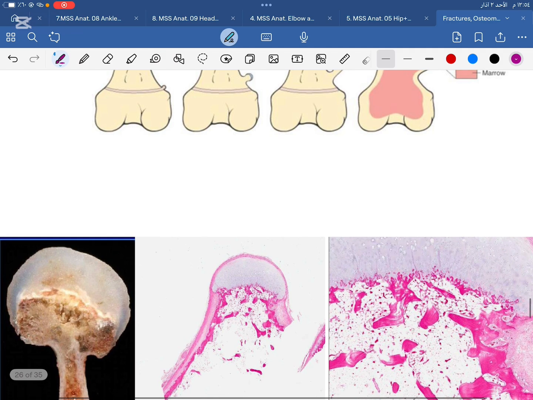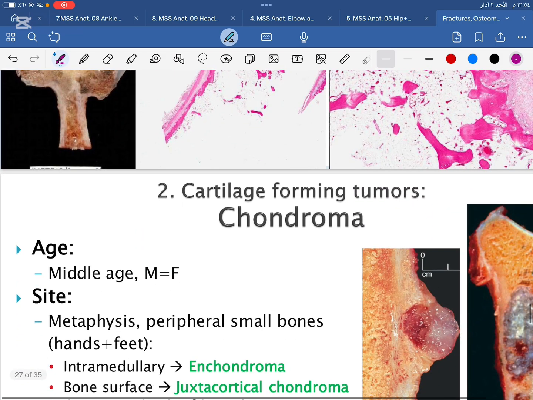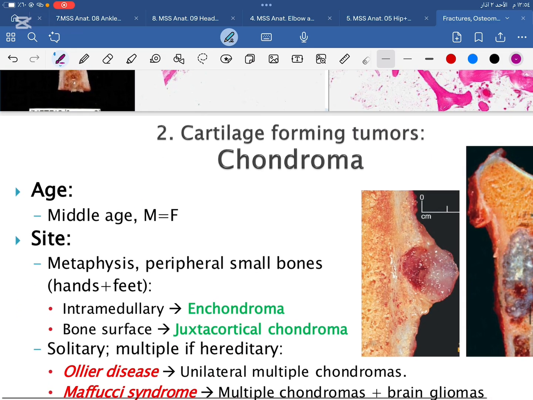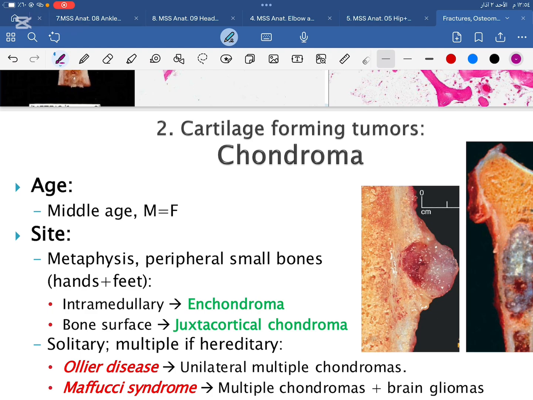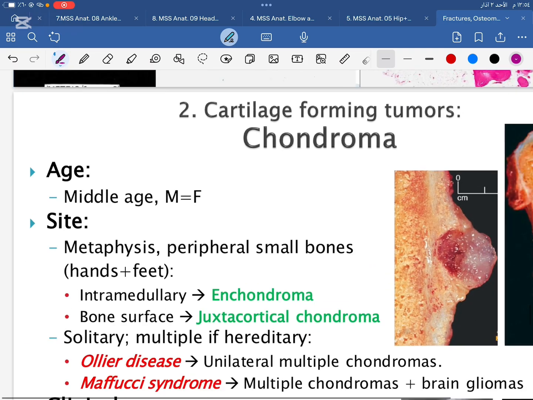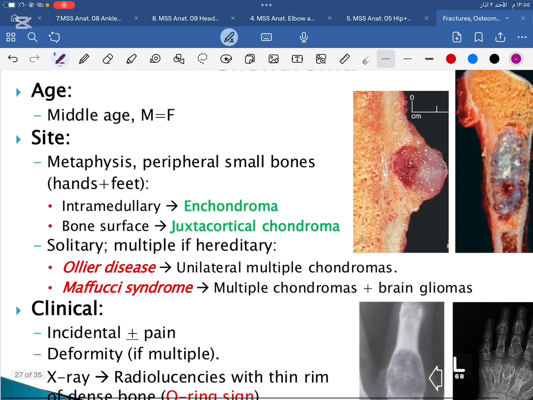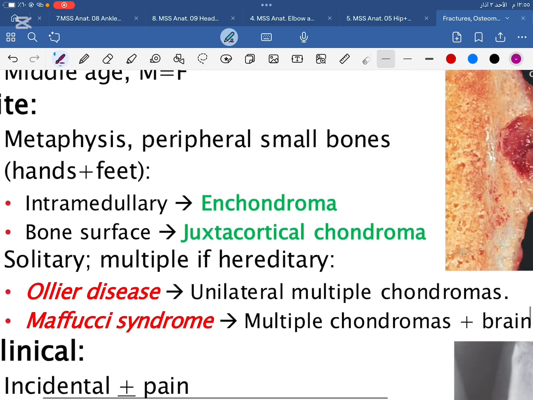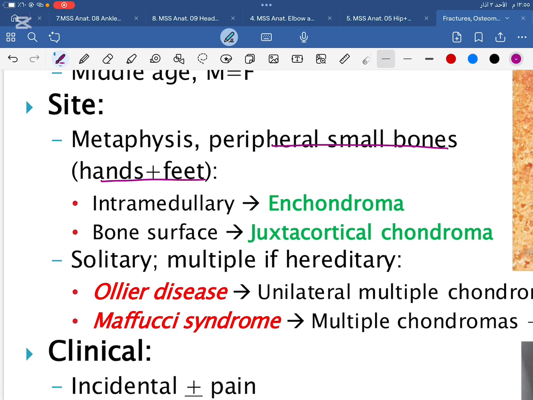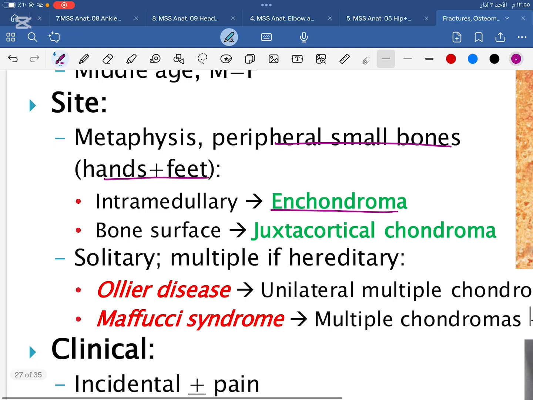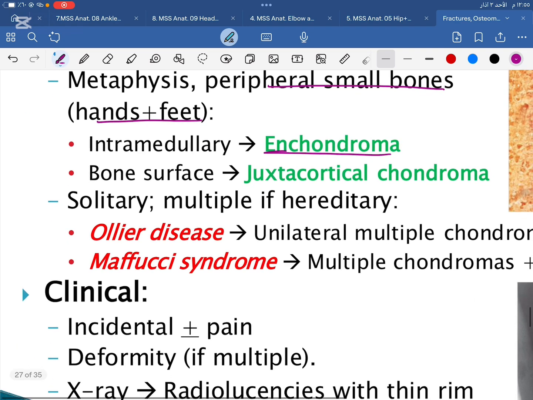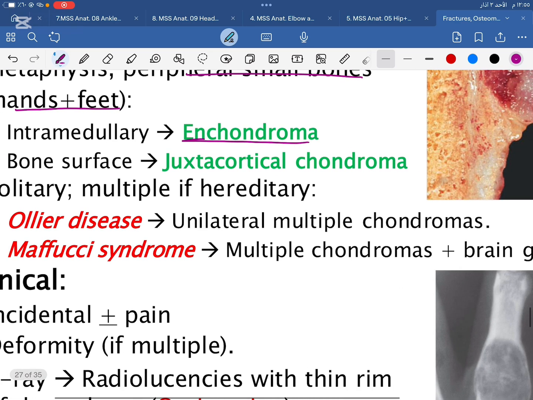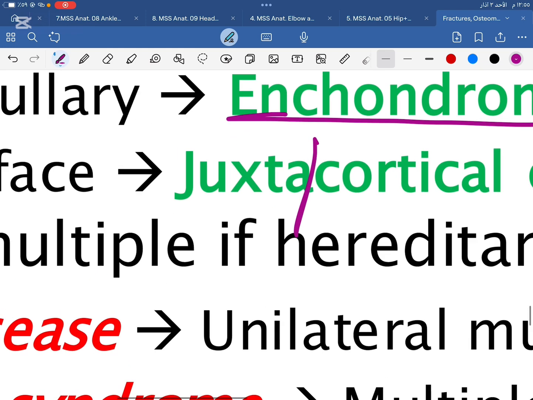The second benign cartilaginous tumor is chondroma. It is only mature hyaline cartilage. It affects middle age, in the metaphyses of peripheral small bones, okay, the hands and the feet. Chondromas could be intramedullary, which we call enchondroma, or on the bony surface, called juxtacortical chondromas. Juxta means adjacent to, right?